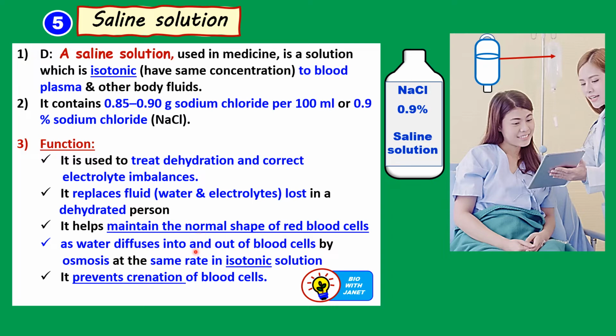So water will diffuse in and out of the blood cells by osmosis at the same rate in the isotonic solution, and it prevents crenation of blood cells, which may happen if the person is very dehydrated. So basically it is used to keep the patient in a normal state, where the blood cells are in a healthy condition, maintaining the normal shape and structure of the red blood cells.